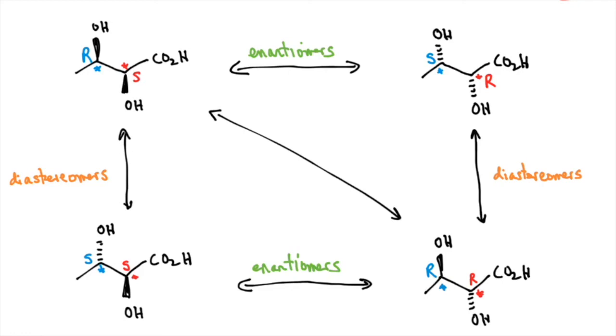And so this is also a case in which we have a set of diastereomers. And if we compare the top right to the bottom left, the S stereocenter stays the same, the blue one, but the red one changes. And so again, this is an example of a diastereomer. It's non-superimposable, non-mirror images.